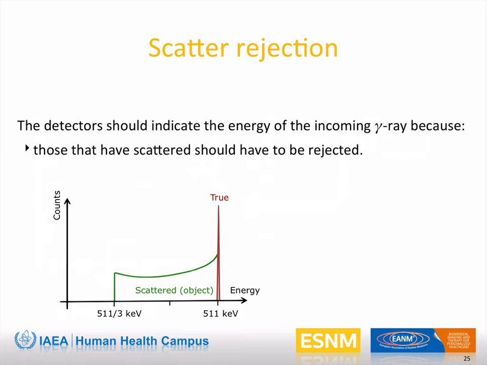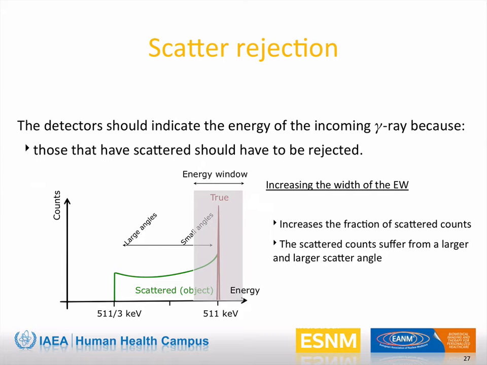When a photon suffers from a scattering interaction in the object, it contributes to the scatter component of the energy spectrum, displayed in green in the figure. Smaller energies correspond to a larger scattering angle, while a higher energy to a smaller angular deviation.